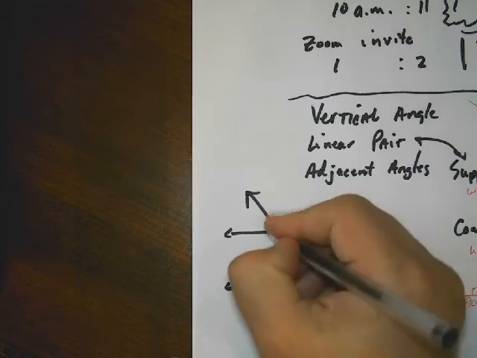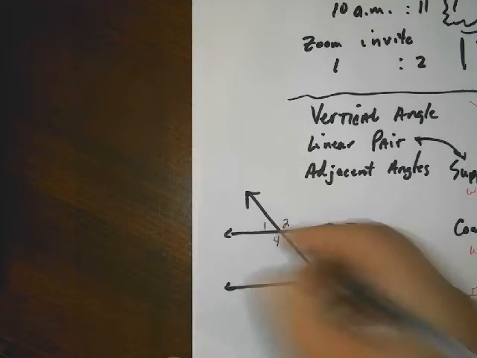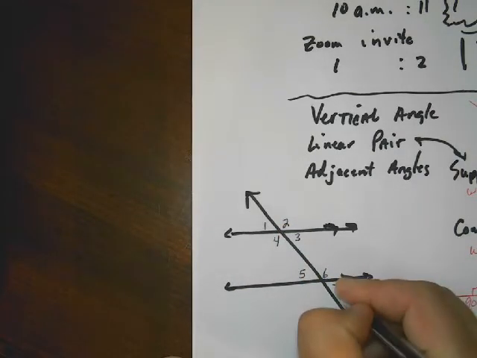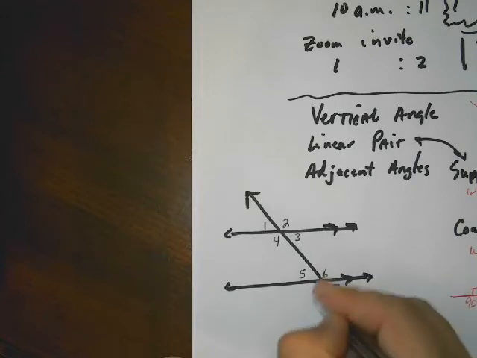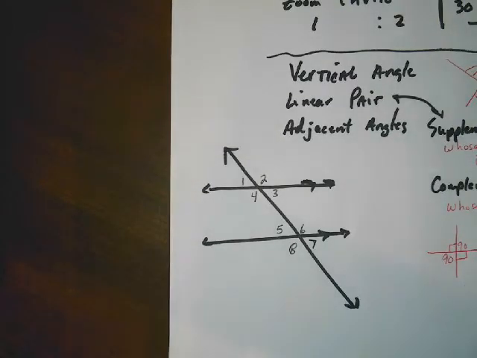We have 1, 2, 3, 4, 5, 6, 7, and 8. And among those angles, we've got some relationships that are true.